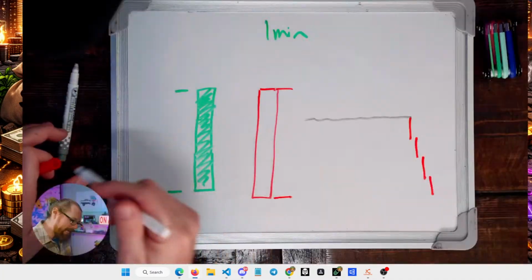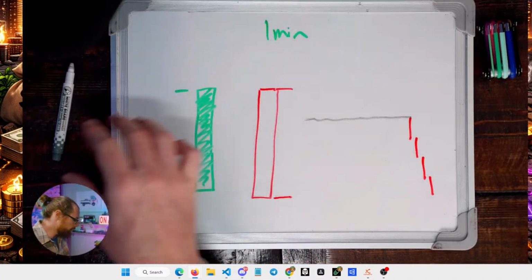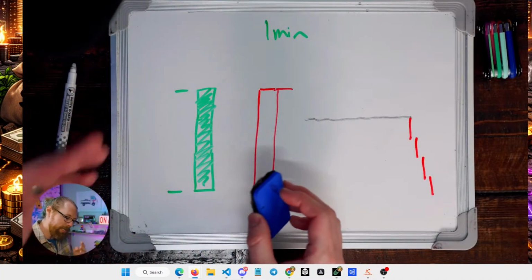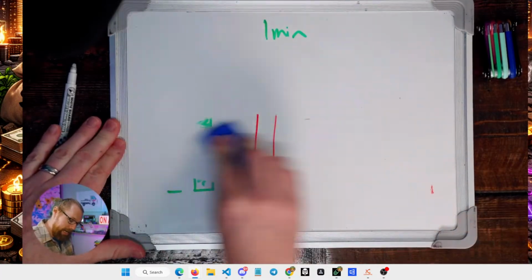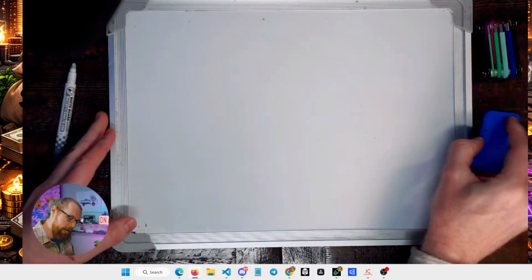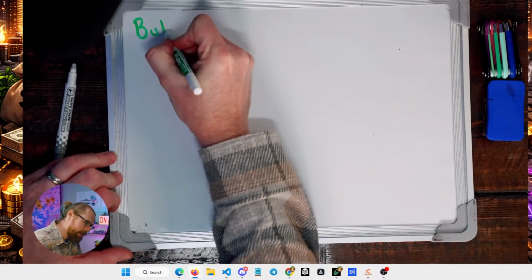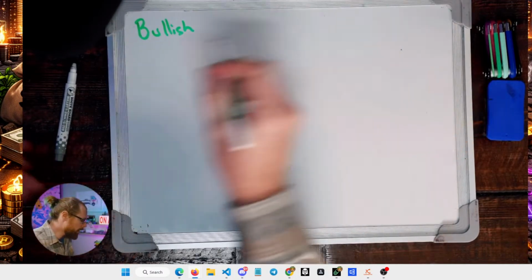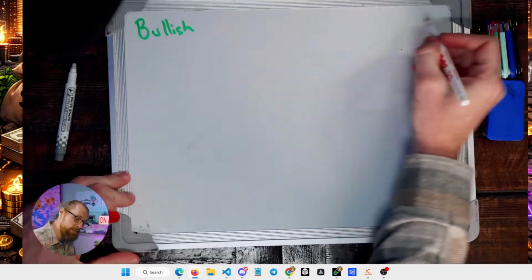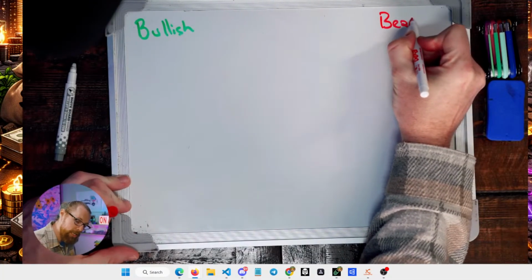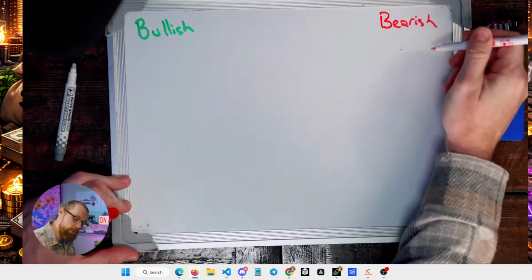So long body candles are the first candle that I want you to learn because it's the candle that communicates the strongest sentiment. And what we're actually going to start doing here, we'll just do it on this side, is create a little meter of the most bullish candles to the most bearish candles, so the strongest to the weakest.